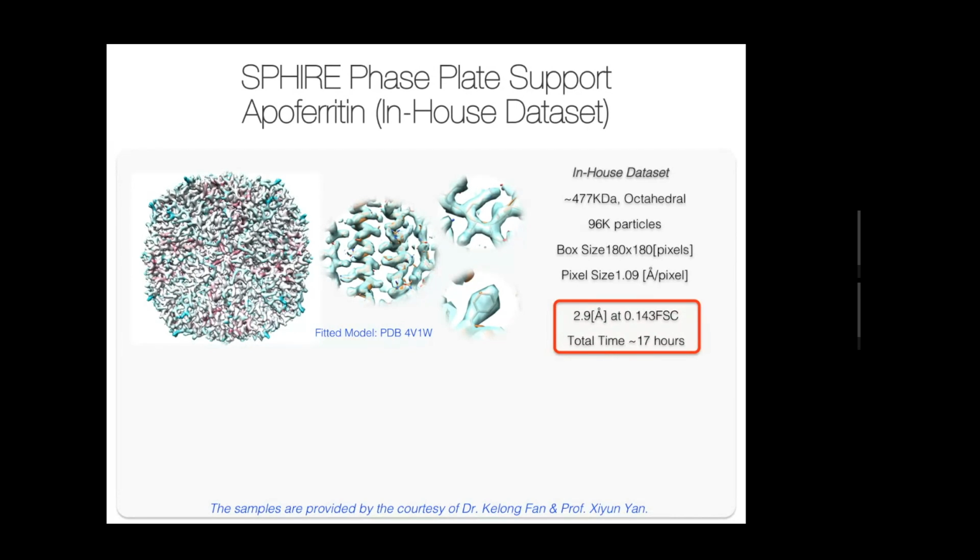This is a ferritin dataset obtained with Volta phase plate cryo-EM. We gained a 2.87 angstrom structure. Remarkably, it took less than 70 hours on our cluster using 192 CPUs.